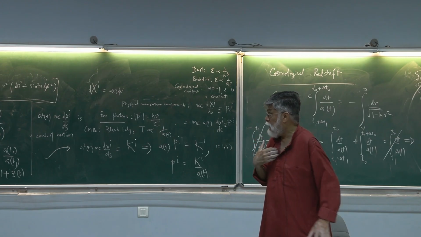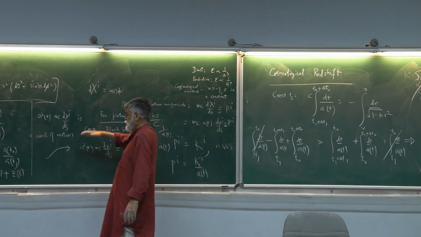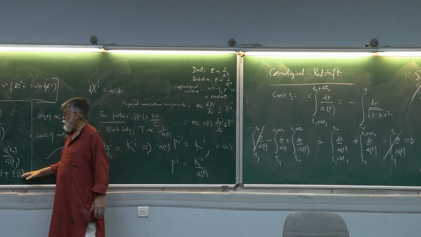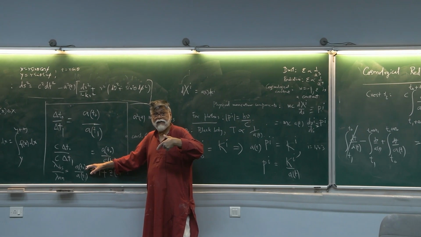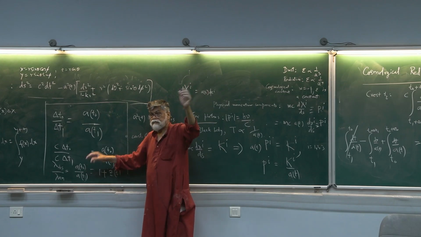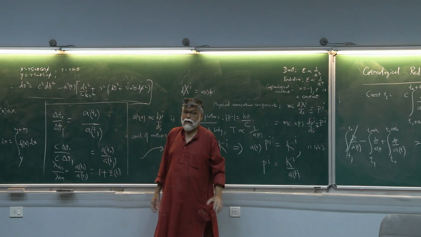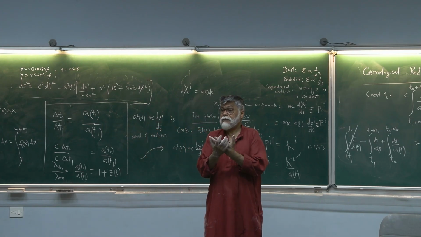But today we know that it is not Doppler velocity, it is actually cosmological redshift, and cosmological redshift is related to the scale factor today divided by the scale factor at which the light ray was emitted. Redshift is something which you can measure spectroscopically.